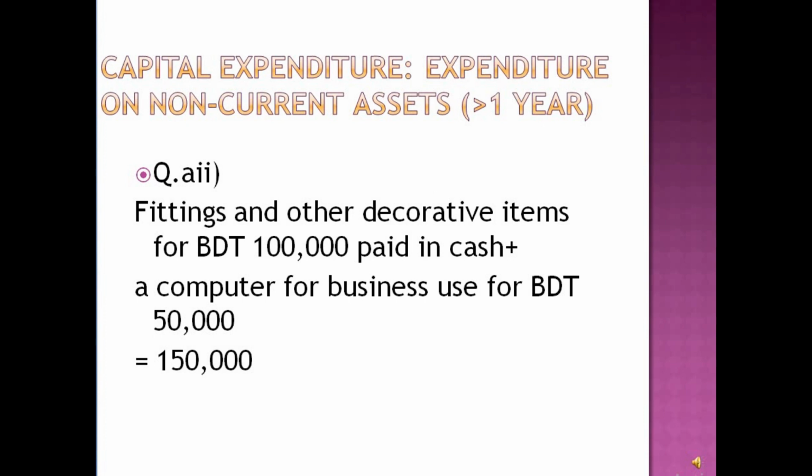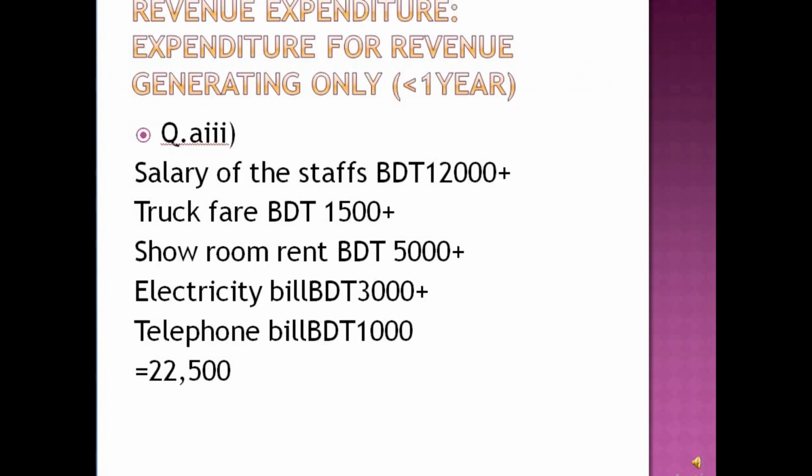I repeat again, any expenditure made on rented items is not counted as non-current asset. We are taking the fittings and computer here because the business purchased them. The business owns them.